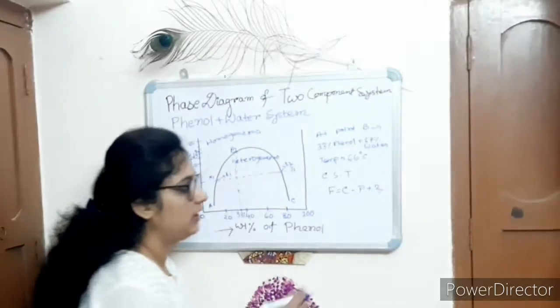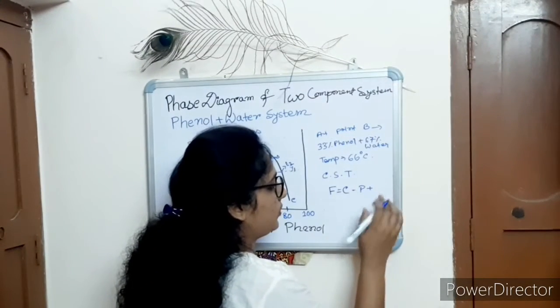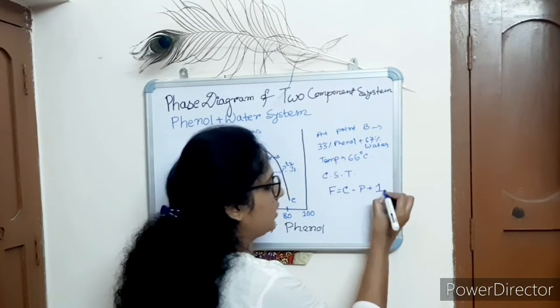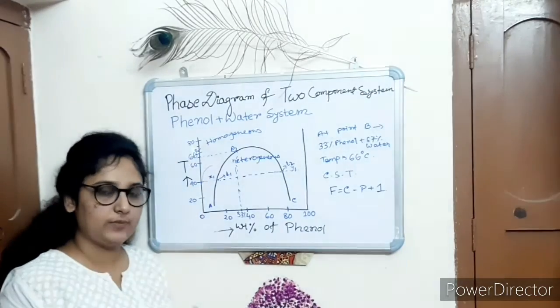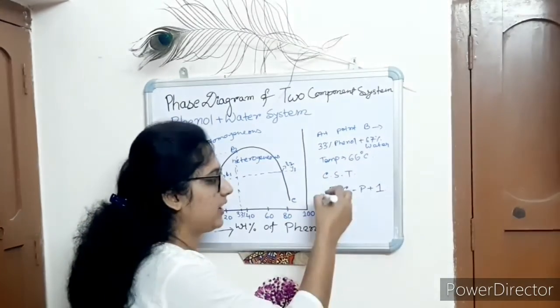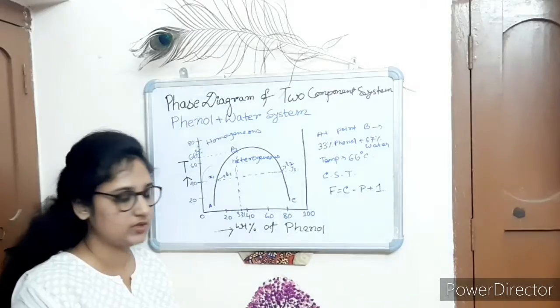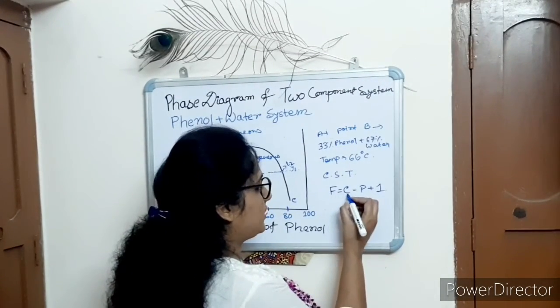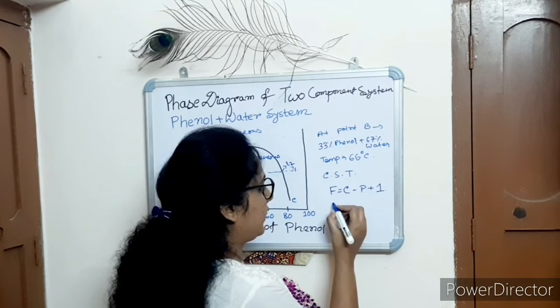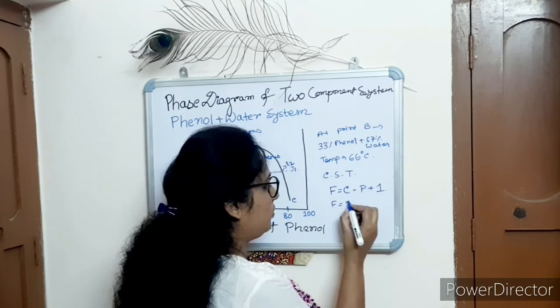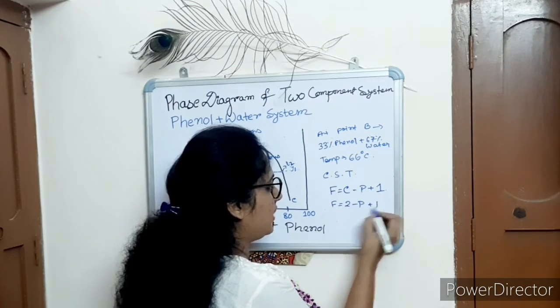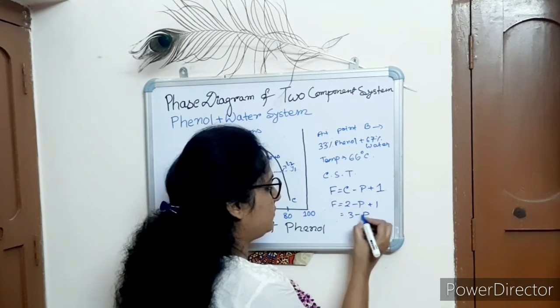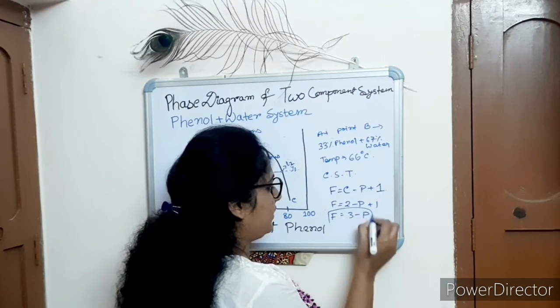That's why for the two component system it will be plus 1, because one variable is kept constant. That's why F is reduced by 1 unit. Now for the two component system, C is equal to 2, then F is equal to 2 minus P plus 1, that is 3 minus P. F is equal to 3 minus P.